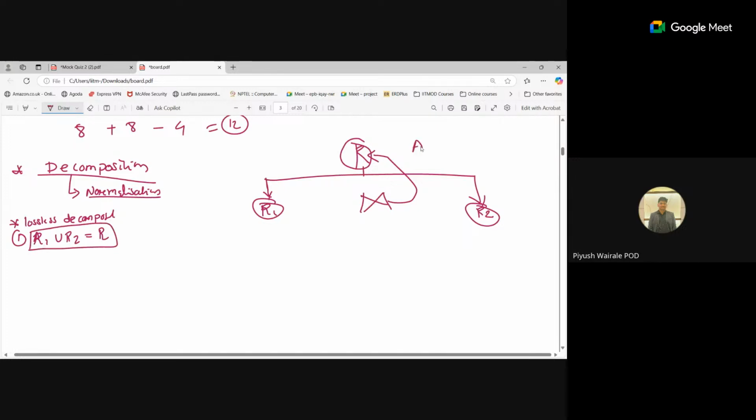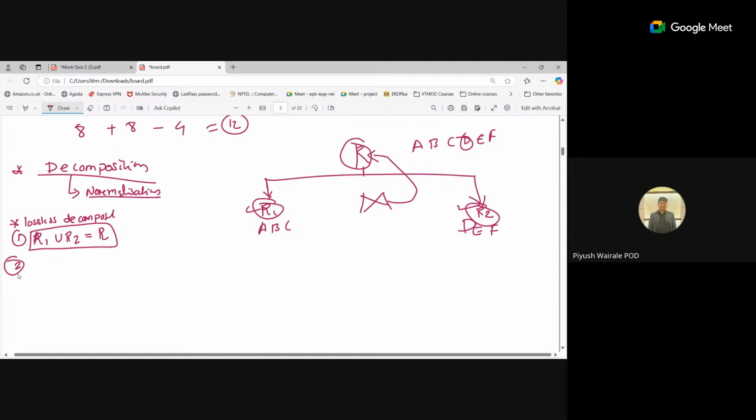For example, we have A, B, C, D, E, F. If R1 is covering A, B, C, and R2 is covering only E, F, it doesn't make any sense because one attribute is missing here. So first we check that both relations cover all the attributes: A, B, C and D, E, F. So R1 union R2 should give me R.